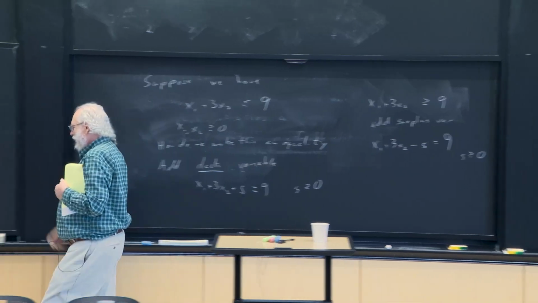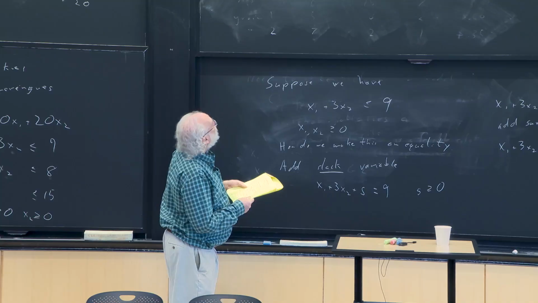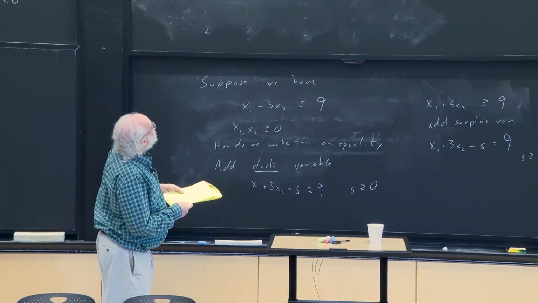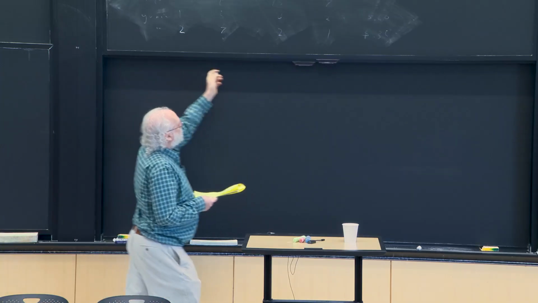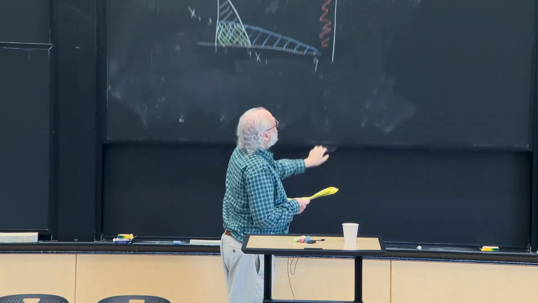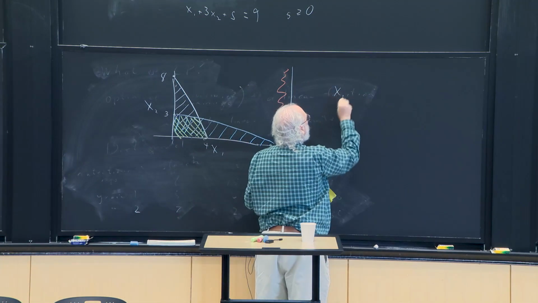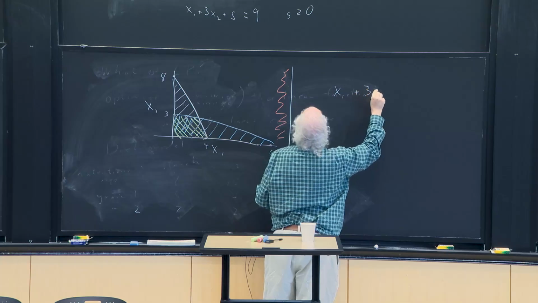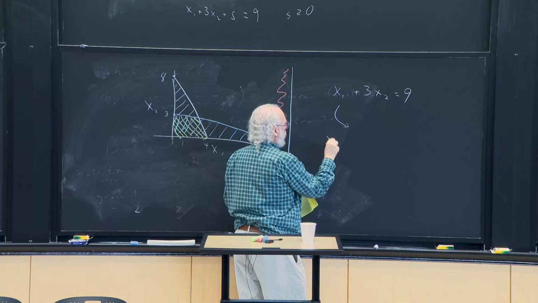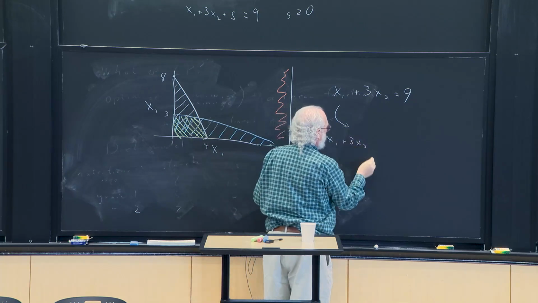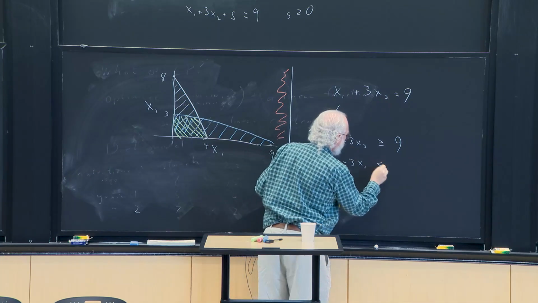And that is, again, pretty easy. If we have x1 plus 3x2 equals 9, we can turn that into x1 plus 3x2 greater than or equal to 9 and x1 plus 3x2 less than or equal to 9.